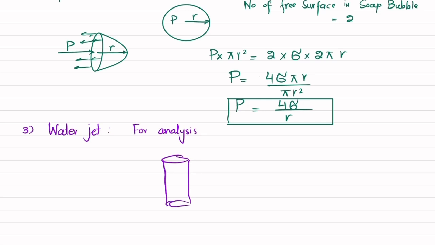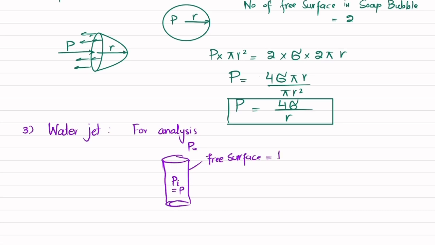So inside pressure will be Pi and outside pressure will be P naught, and this Pi will be equal to P, which is the inside pressure. Here you can see that there is only the outer surface which is the free surface. So free surface is equal to 1.